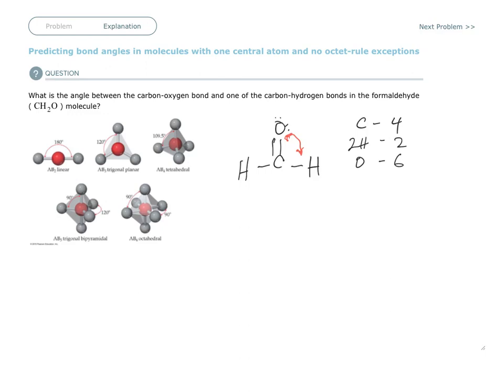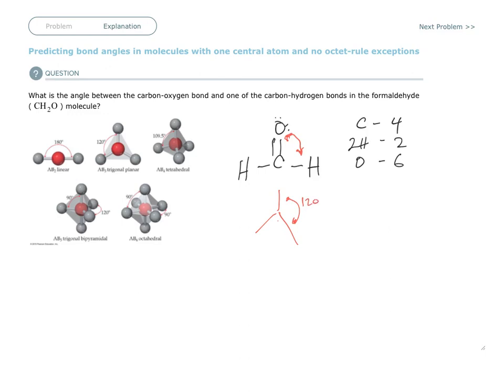So what do you think? You've got three groups of electrons coming off of the carbon. So I'm going to come over here to my picture, and I'm looking for AB3, and it says trigonal planar, to where they're all equidistant away, like that, with the carbon on the inside, oxygen to the top, hydrogens to the side, and then this will be 120 degrees.